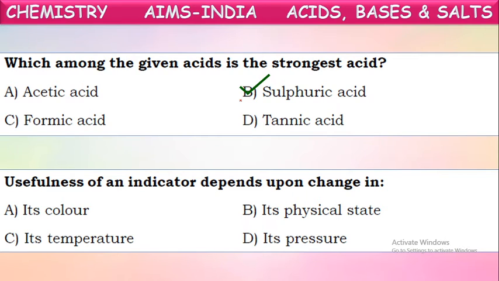We have studied that. Litmus changes its color in acids and bases. Even phenolphthalein and methyl orange show different color changes with acids and bases, so they are used to detect acids and bases.